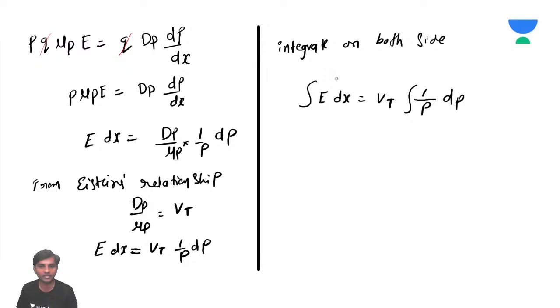Sir, how is it looking? What do you mean by integration of E dx? Did you get something? Is it not the potential? Simply, I'll tell you again what you mean by potential.